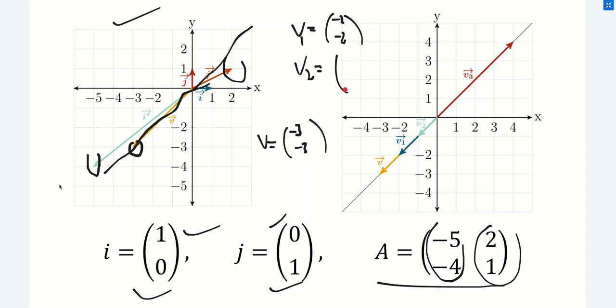V2 is also negative 1, negative 1, right? Now let's look at V3. V3 is also 4, 4, right? Yes. All right.